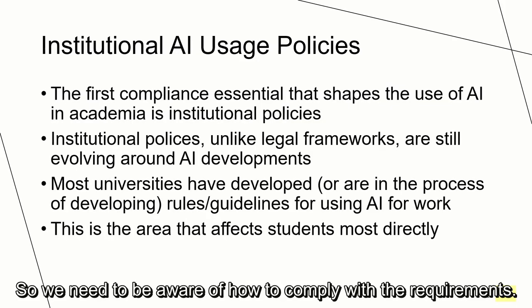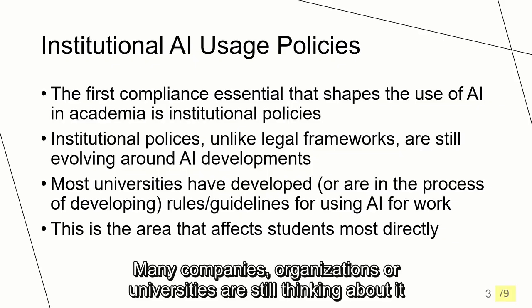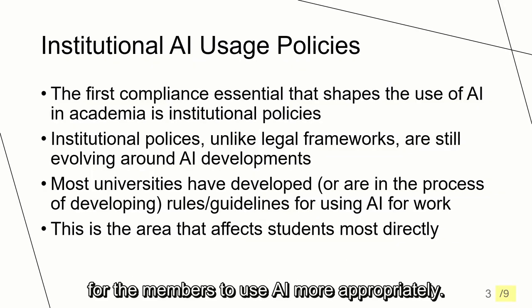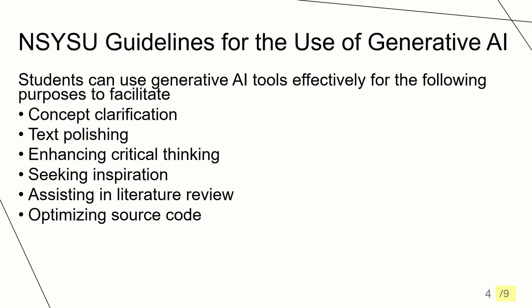So we need to be aware of how to comply with the requirements. Institutional policies are still evolving. Many companies, organizations, or universities are still thinking about it or are in the process of developing guidelines for members to use AI more appropriately. This is the area we need to pay strong attention to because it directly concerns us.